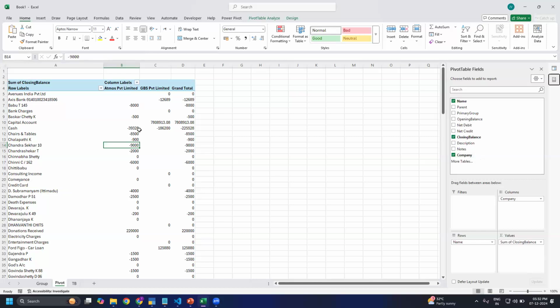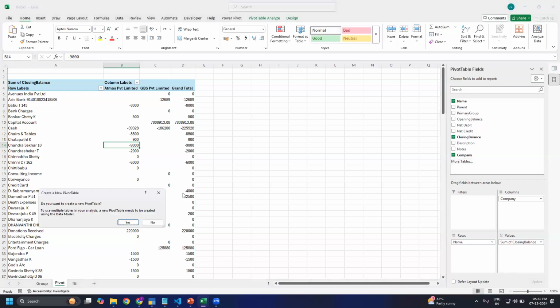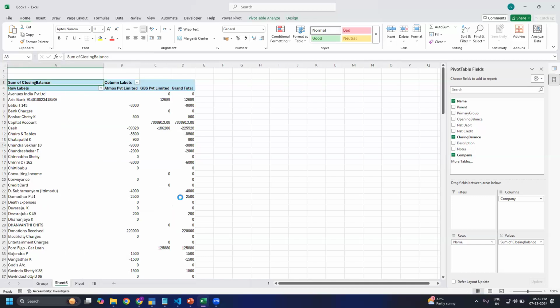more tables. When we click on TB, we can see this more tables. You have to click on more tables and it will pop up a new window. Do you want to create a new pivot table to use multiple tables in your analysis? So we have to click on yes.